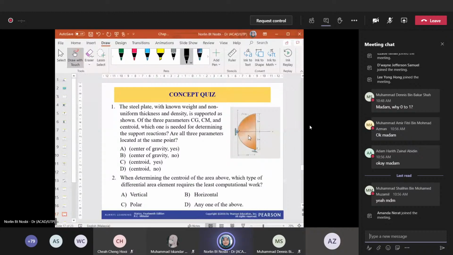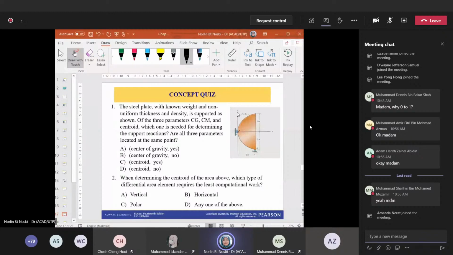So of the 3 parameters, which is CG, center of gravity, center of mass, and the centroid, which one is needed for determining the support reaction?